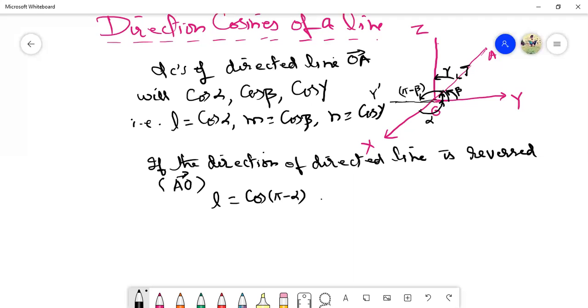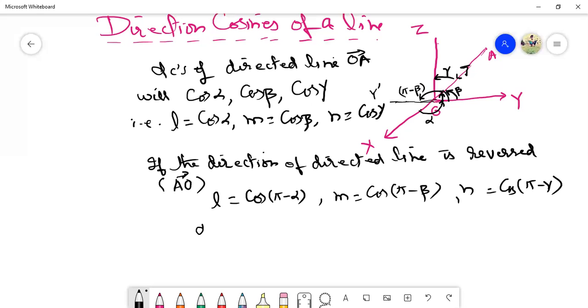Okay, understood? So therefore m will be equal to cos of pi minus beta, and n will be equal to cos of pi minus gamma, and cos of 180 minus theta is minus cos theta. So therefore it will become minus l, a negative value.